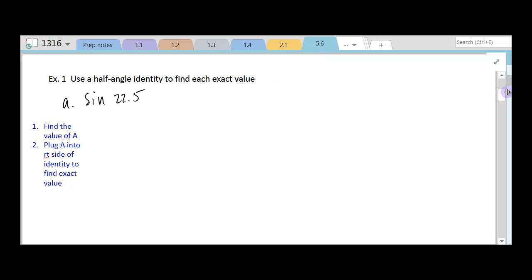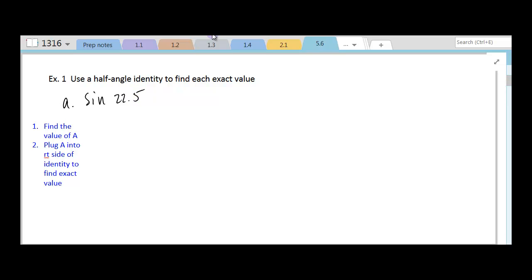And in this first example, we're going to use the half angle identity to find the exact value for the sine of 22.5. Now, I don't recognize 22.5 as an angle on the unit circle that I've been memorizing. So that's what these identities are there to address.